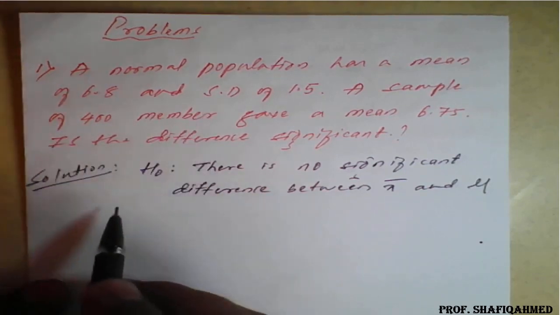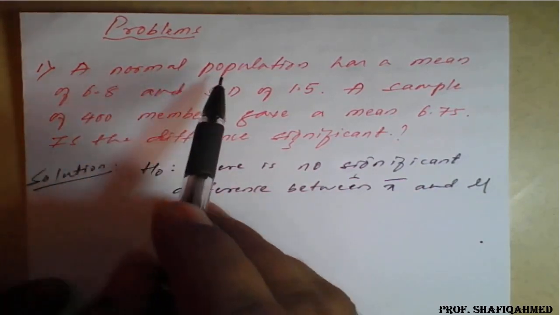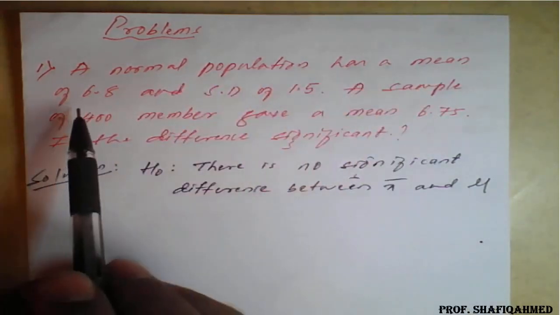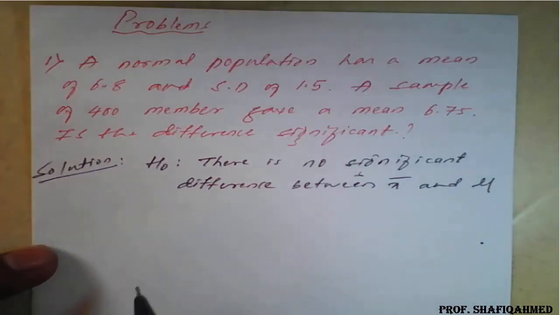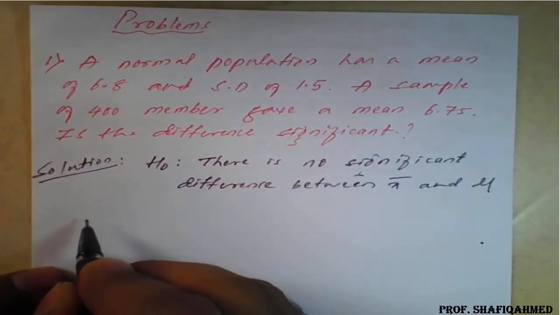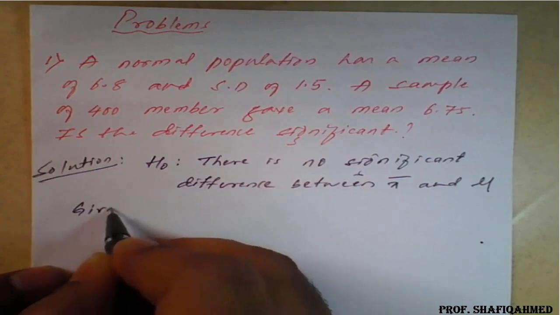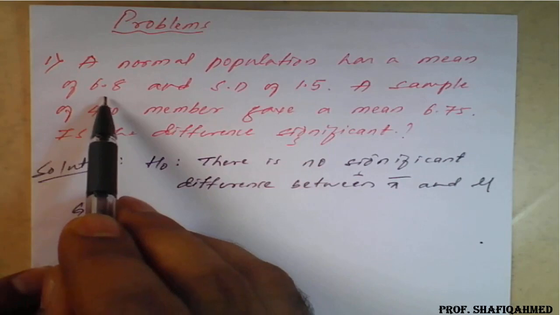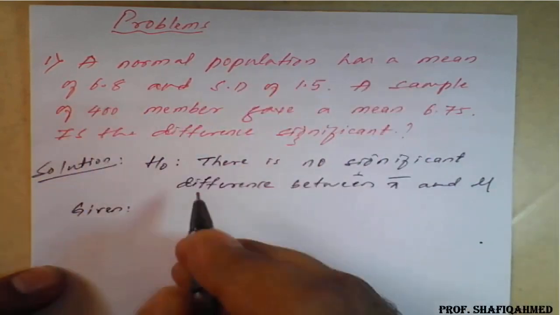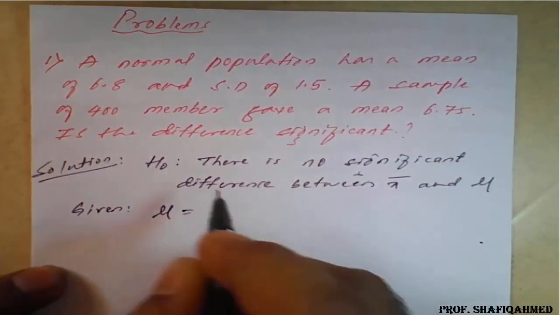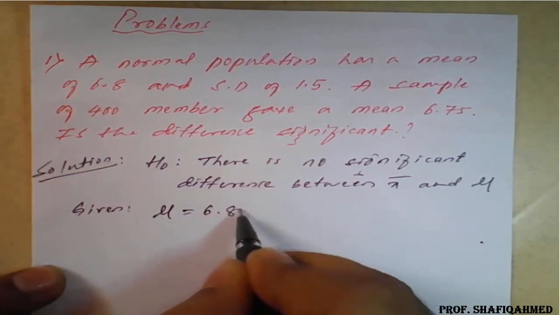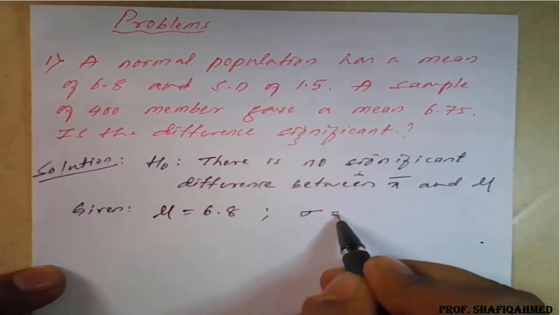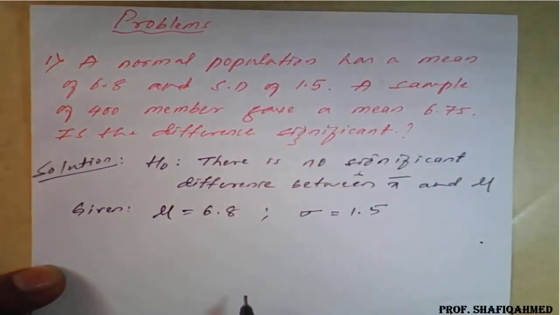So we'll collect the data. Given, a normal population has mean, that is population mean mu is equal to 6.8, then standard deviation, that is sigma, is equal to 1.5.